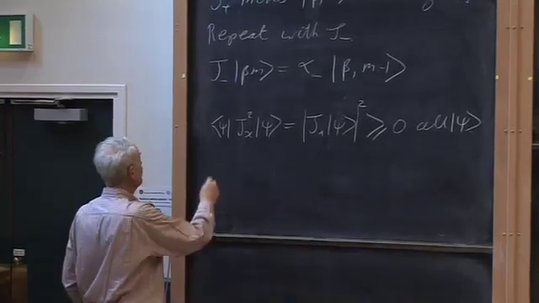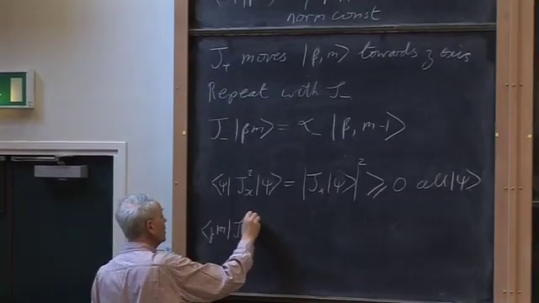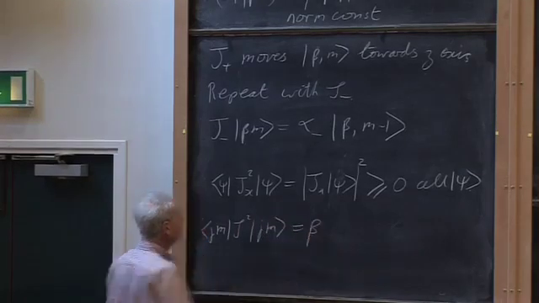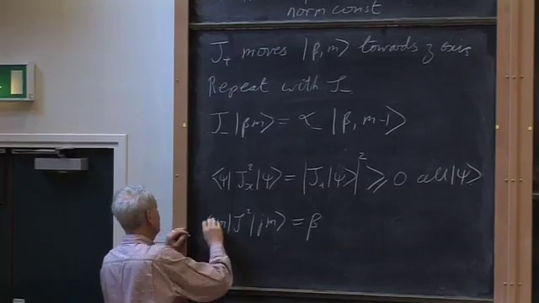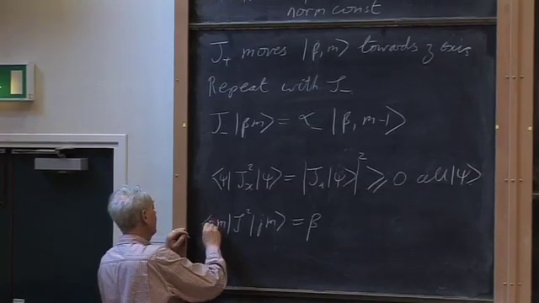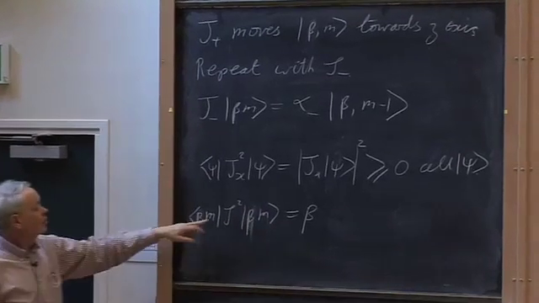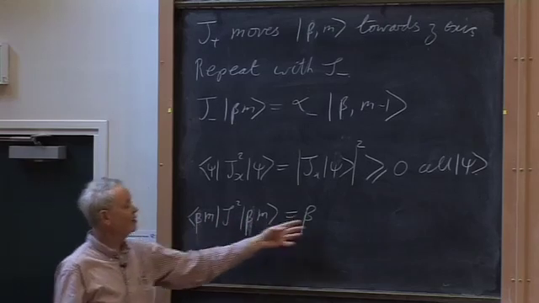So let's ask ourselves about <β, m| J squared |β, m>. That's clearly equal to β, because J squared on |β, m> produces β times this. This is correctly normalized, so we get β.